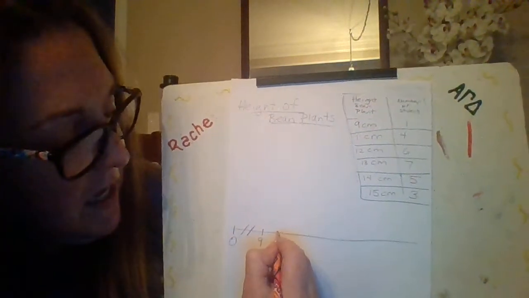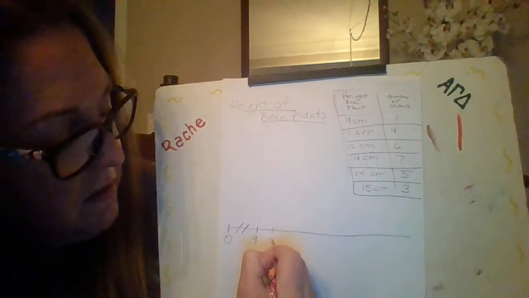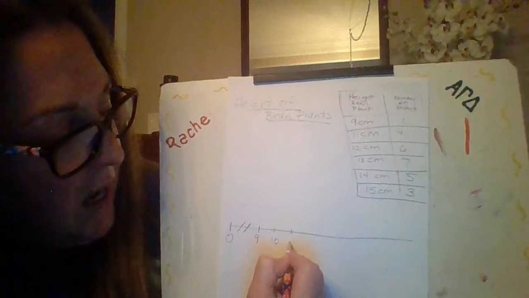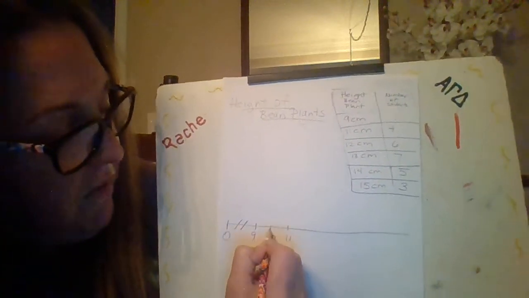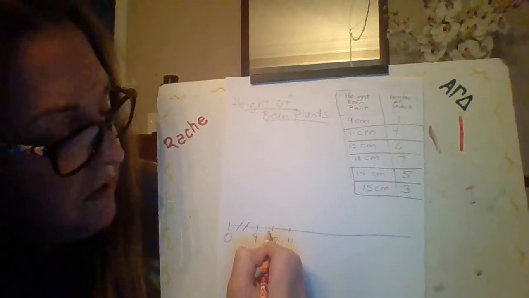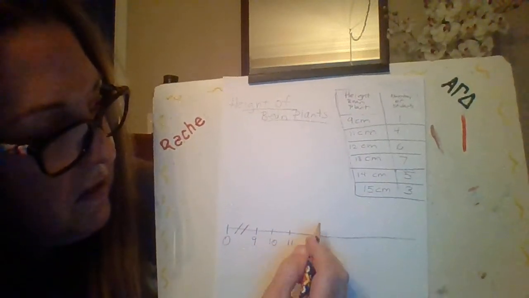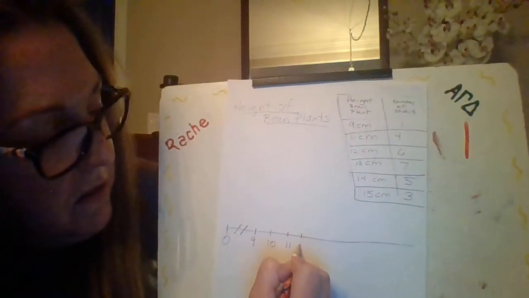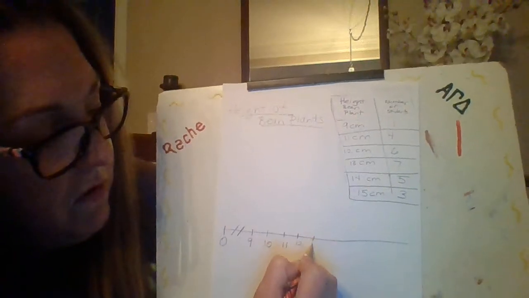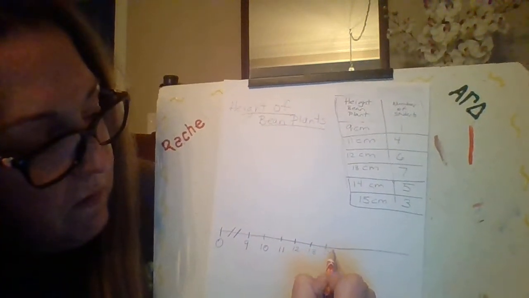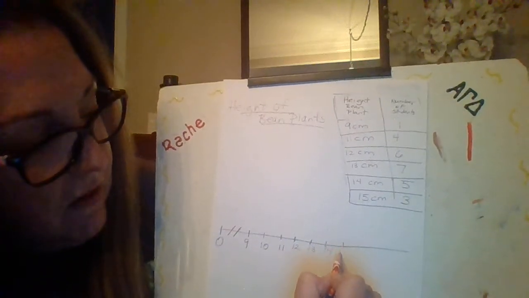So we're going to go ahead and put that here, 10, even though there's not data for it. And we always want to make sure that we have our hash marks about the same distance apart. So there's 11, 12, 13, 14, and then there's 15.